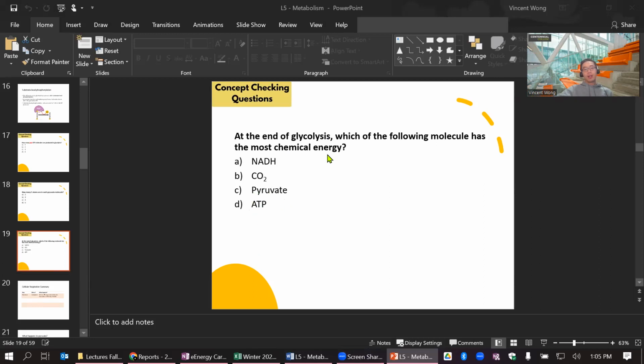And in glycolysis, we have only made 2. The pyruvate that we get will go on to step 2 and step 3, where you will be creating the rest of the 34 ATPs, right? So by the end of the reaction, most chemical energy is still locked in the pyruvate, okay? Not the ATP. So that's that.